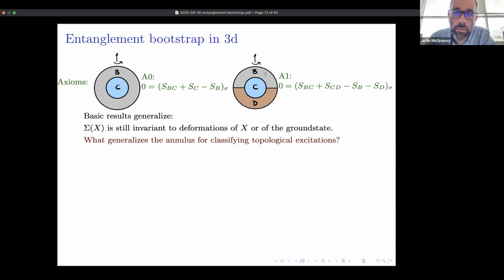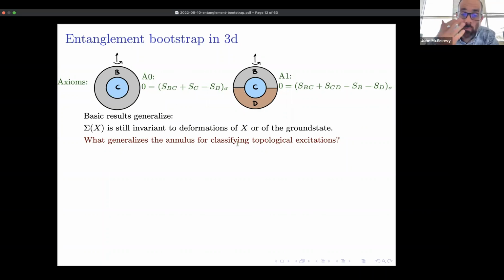So each of B and D here is topologically a ball, and the same is true in any dimension. In 3 dimensions, you can think of it as the volume of rotation. And with these axioms, the basic results generalize. In particular, the axioms can be enlarged. The information convex set is invariant under deformations of the region.